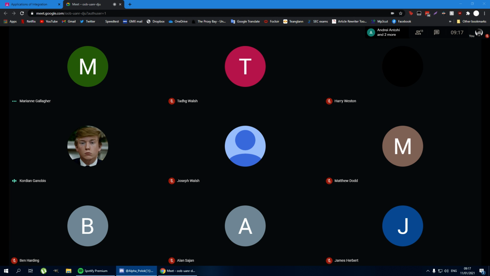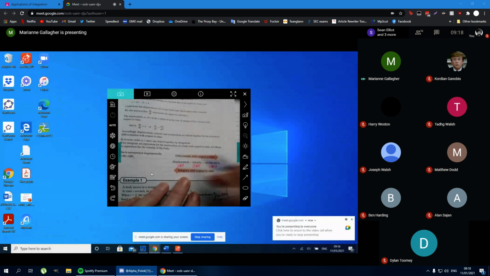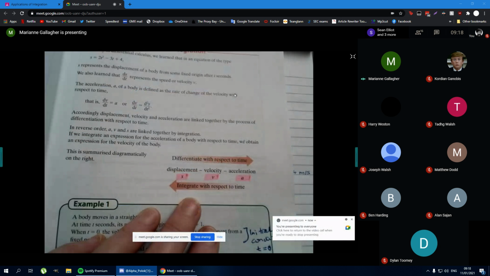Wait, so if we have acceleration, do we differentiate the acceleration? No, integrate. Okay. I'm going to write it in my book, and you can too, because this is one of the few things that isn't in your log tables. See here in the book, it has differentiate with respect to time, integrate with respect to time.